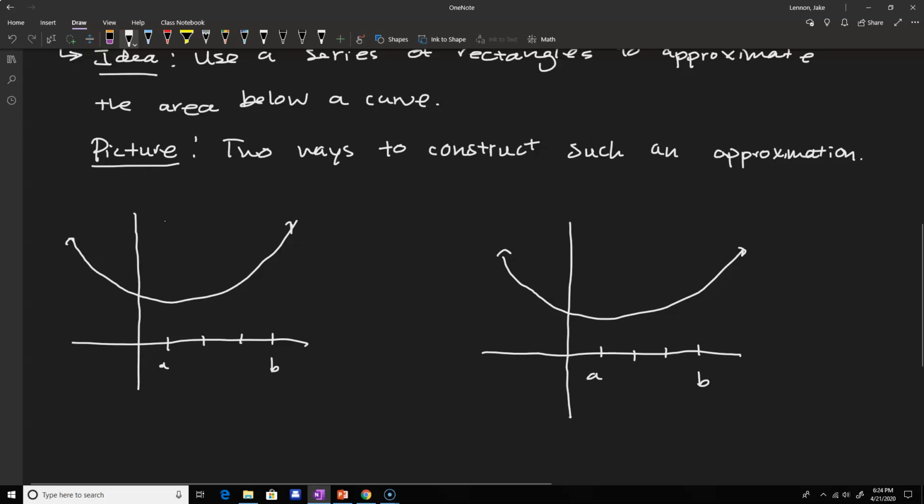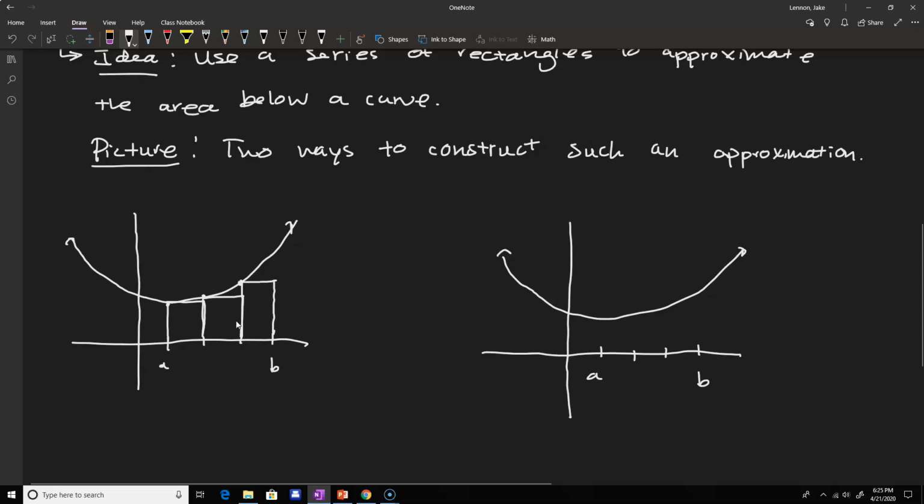So if we have a left-hand sum, what happens is we have the left corner touching the graph, and then we want to move parallel to the x-axis until we get to the next point. And then move up and do the same thing, touch the curve, so that for each of these rectangles, the top left corner is what's touching the curve and giving the height for each consecutive rectangle.